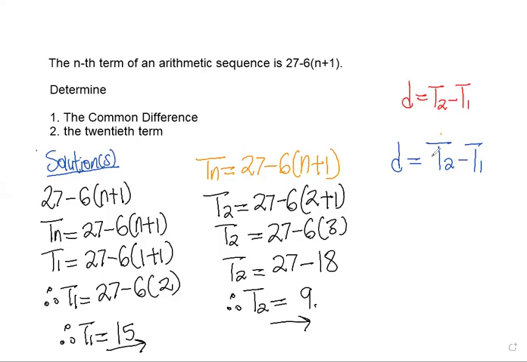Then we just write d equals, now our T2 is 9, so it will be 9 minus T1, which is 15. Therefore, the value of the common difference is going to be 9 minus 15, you're going to get negative 6. So as you are calculating this function, you must get negative 6 being the common difference. Now let's deal with number 2.